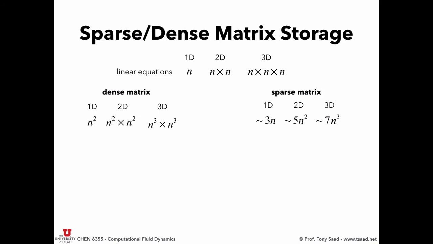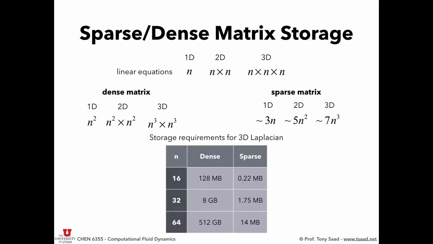Now, if you were to store a floating point number, this has n squared floating point numbers in it, and a double precision floating point number is 8 bytes. So I'm going to give you a few examples of solving the Poisson equation, or the Laplace equation, on the unit square with different grid resolutions.